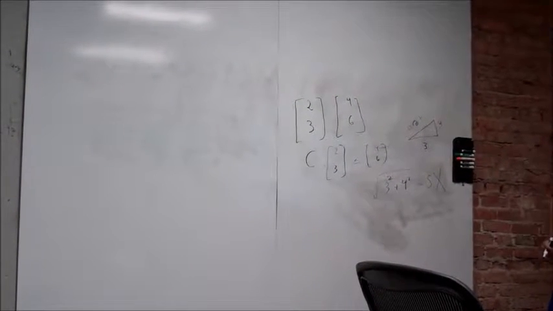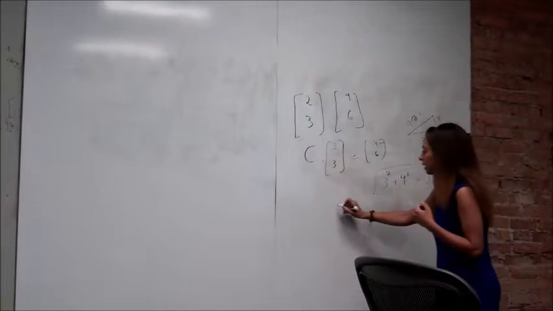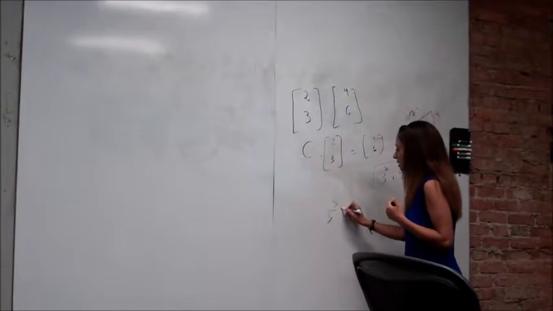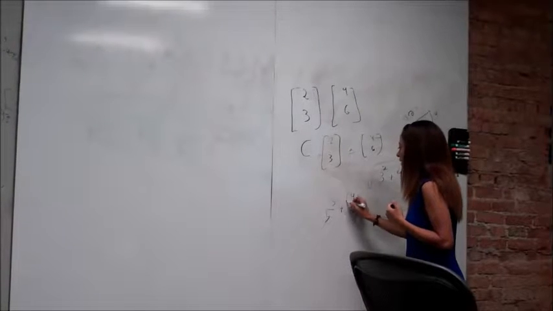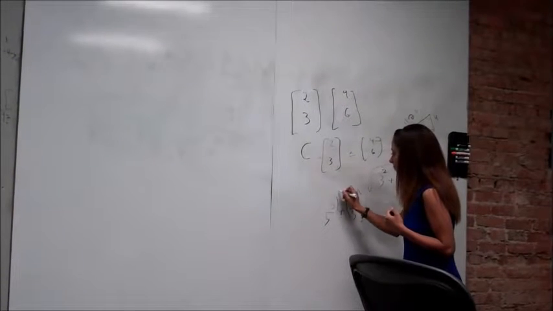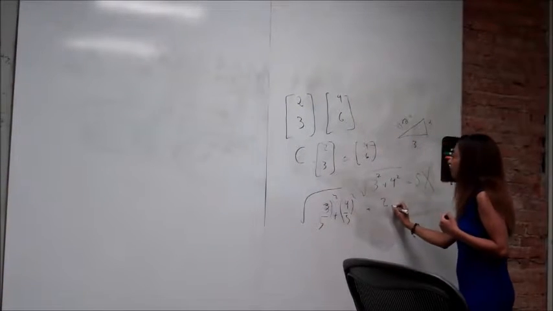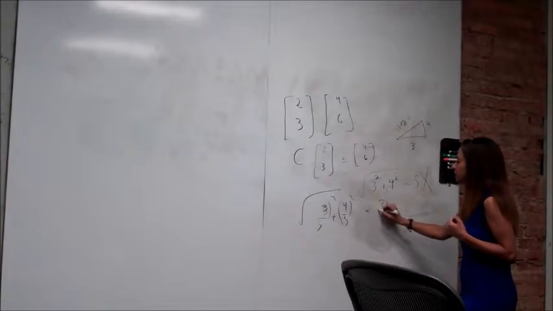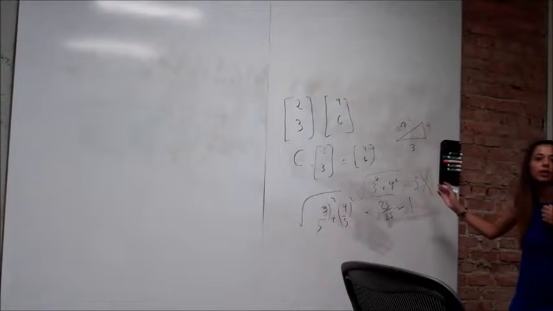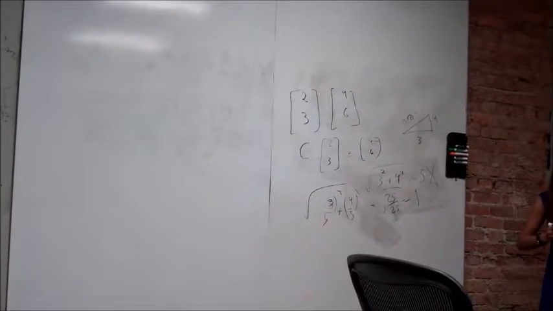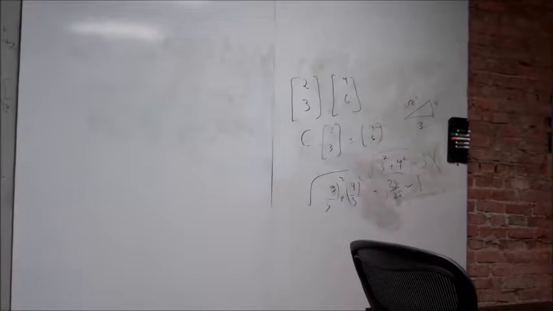I can do some tricks. I can take 3 divided by 5 and 4 divided by 5, and if you square these two and take the square root of that, you will get 25 divided by 25, and the square root of that is 1. So these are unit factors now.